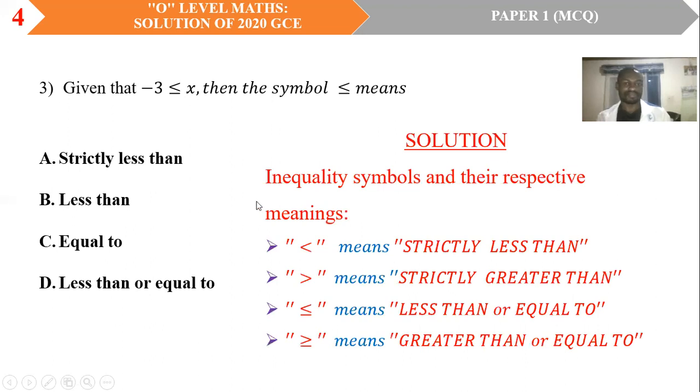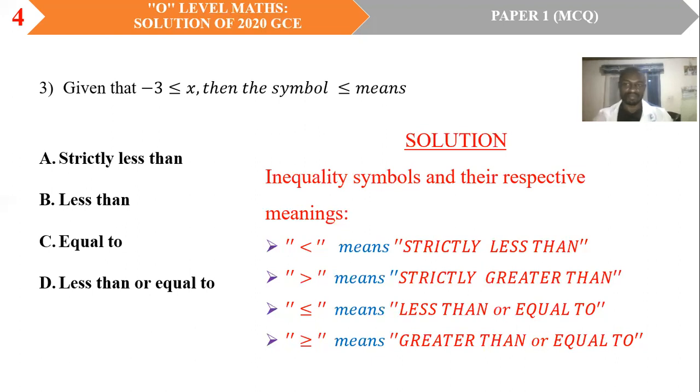So as a solution, we analyze inequality symbols and their respective meanings. This symbol means strictly less than. This one means strictly greater than. This one means less than or equal to. If you hold your left hand like this, you see that it gives you the symbol for strictly less than.